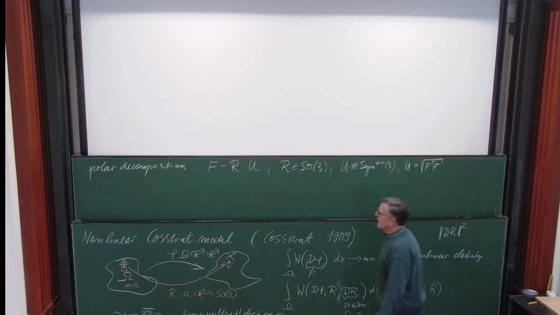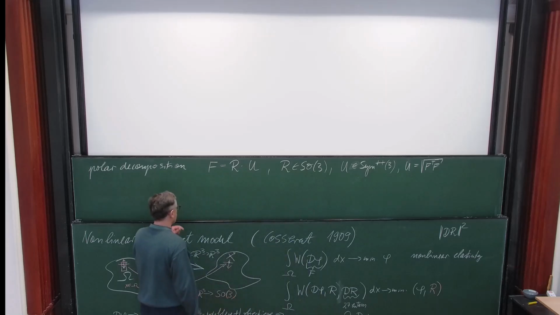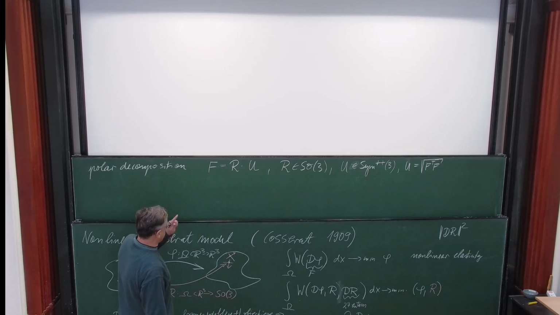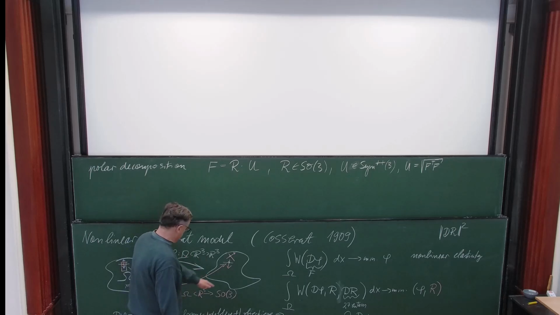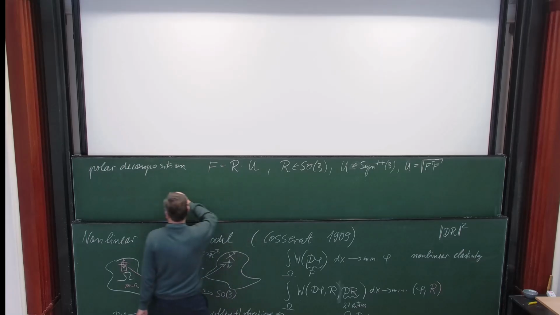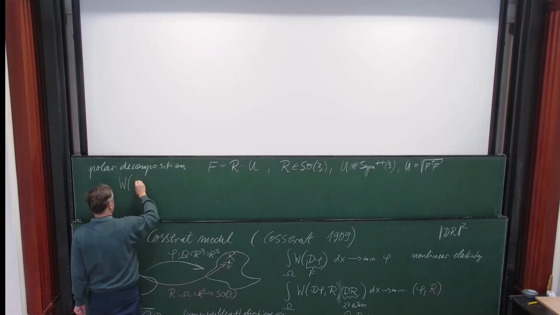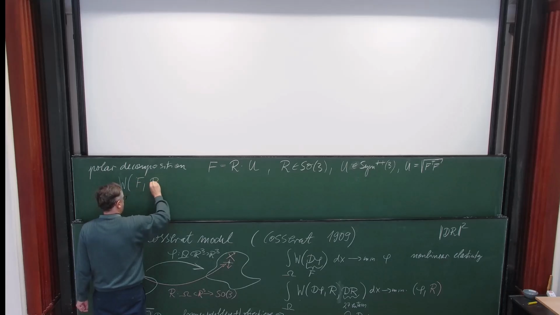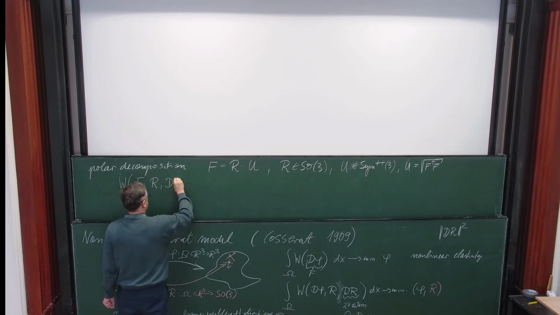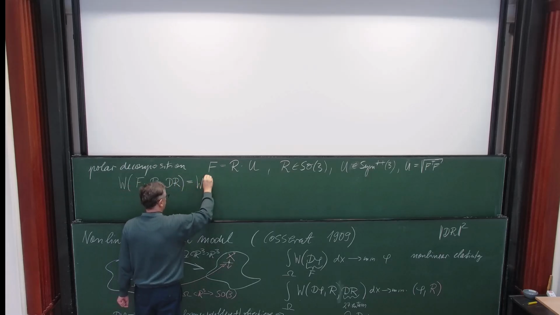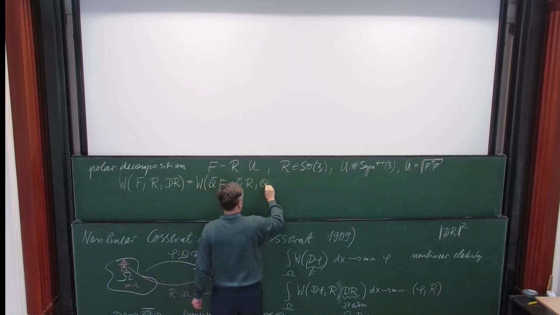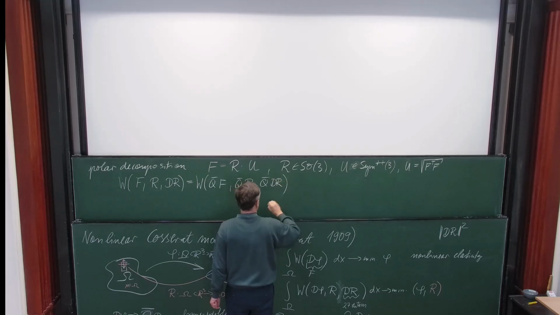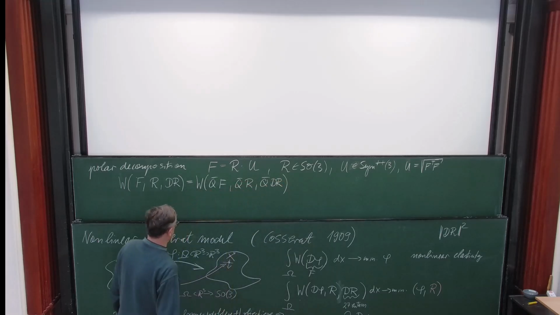And so you have this polar decomposition, and I will also tell you something more about the polar decomposition later on, because that reappears every other moment. But it means that I can look at the energy like that, W of F, R, dr must be the same as W of Q bar F, Q bar R, Q bar dr for all Q bar.